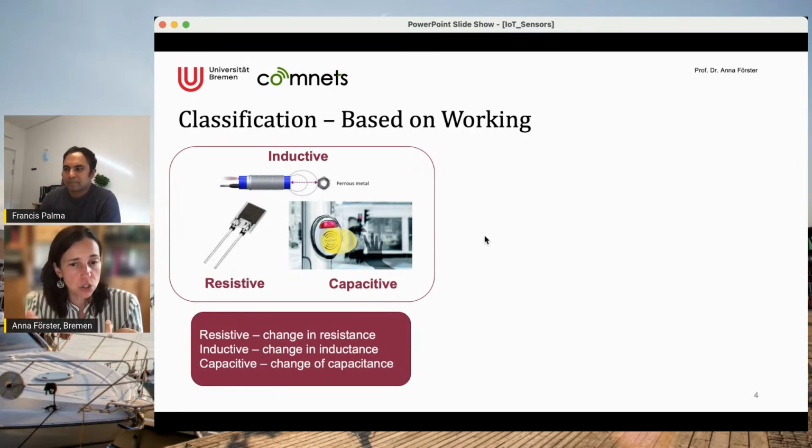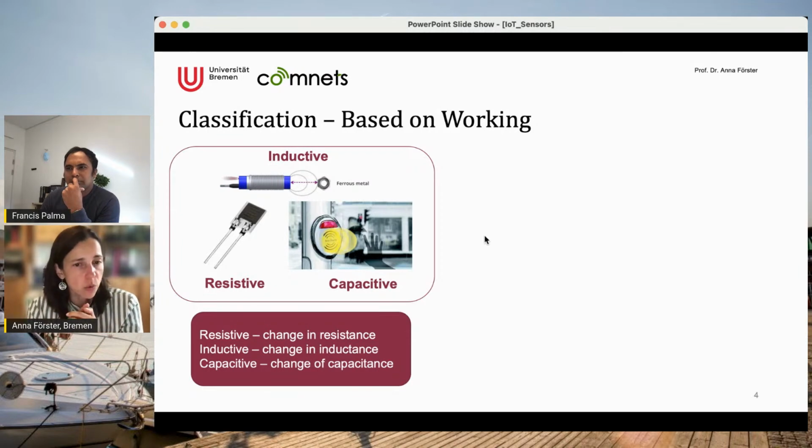Resistive means that the sensor device itself experiences some change in its resistance depending on the phenomenon it is measuring. For example, a simple temperature sensor is very often a resistive one, because depending on the temperature, some piece of this device will change its resistance, which you can then measure and transfer into a signal which tells you what the temperature is.